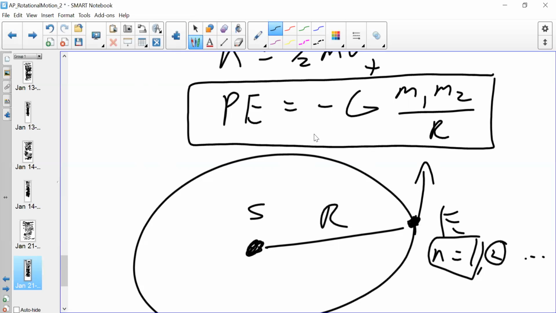Tangential velocity has kinetic energy as well, kinetic and potential at all times. When you add them together, first principles, what do you get? Anyone? When you add kinetic and potential, what do you get? Mechanical? Yeah, the total mechanical energy. Yes, it's the total mechanical energy of the system.